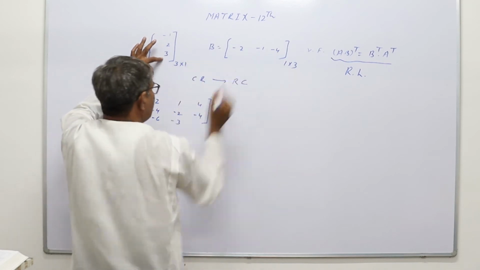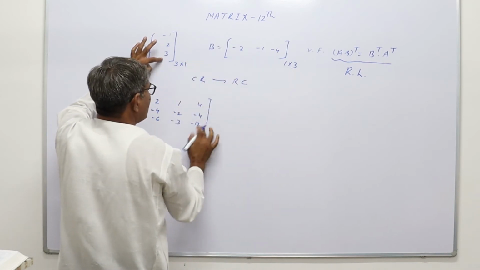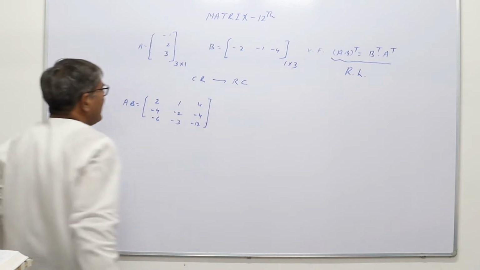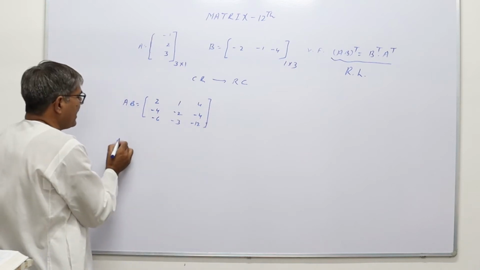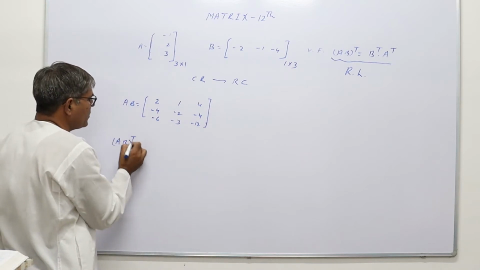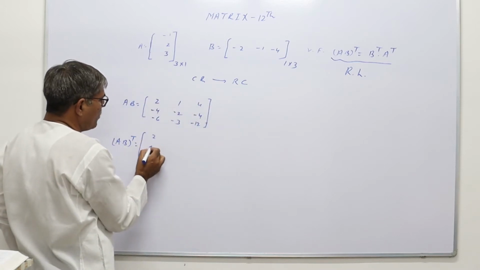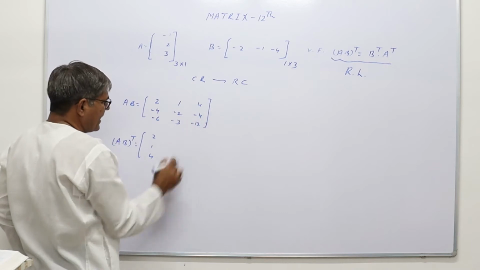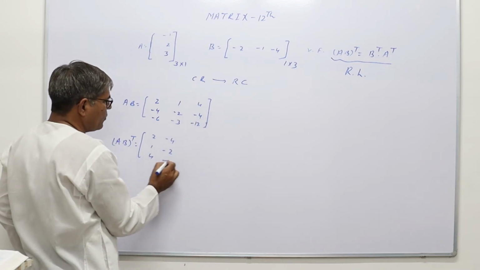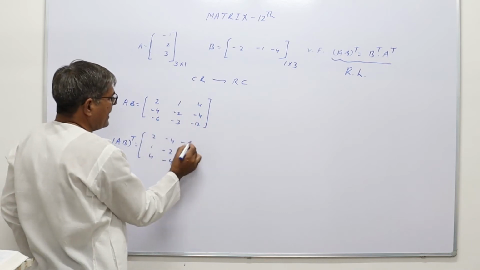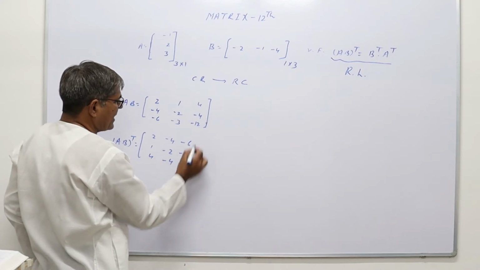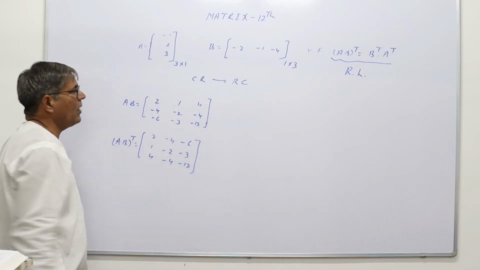Then 3 into minus 4, that is minus 12. So this is AB. Now AB whole transpose will be, first row written as first column, so 2, 1, 4. Then second row as second column, so minus 4, minus 2, minus 4. Then minus 6, minus 3 and minus 12. This is AB whole transpose.